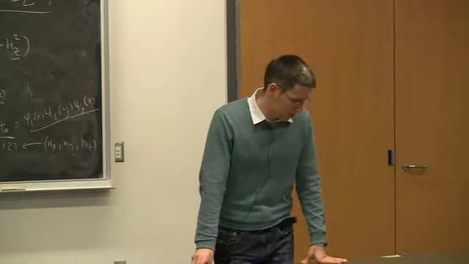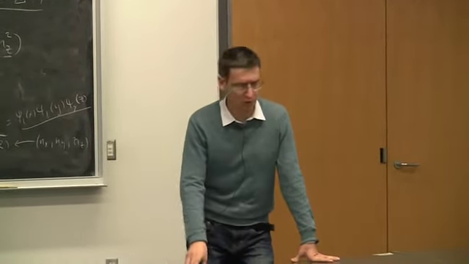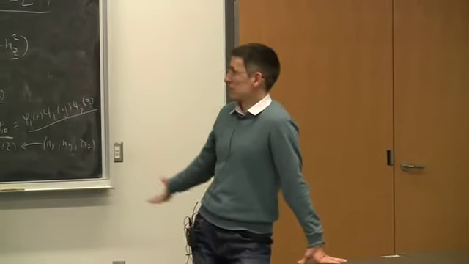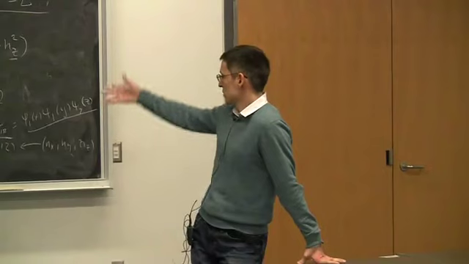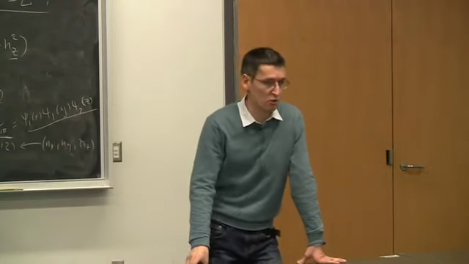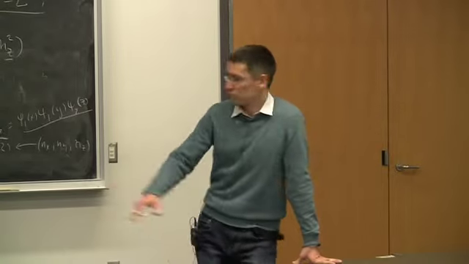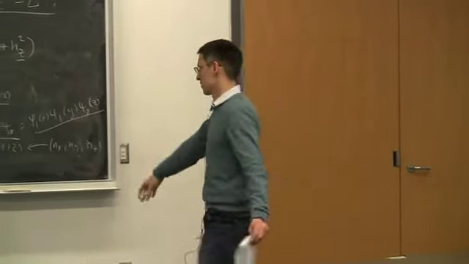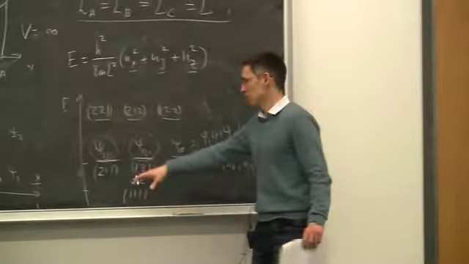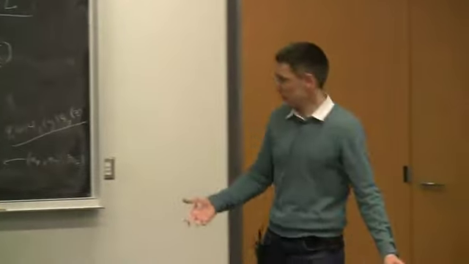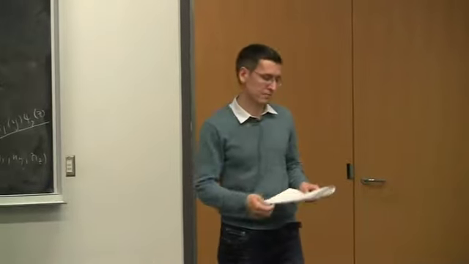But in the problems which will be offered in exams, you probably will be offered something like the two-dimensional box with the same dimensions. What's the degeneracy of the first level or second level, right? So for that, you just need to consider these levels and see how many different functions you can put for the same energy, okay?